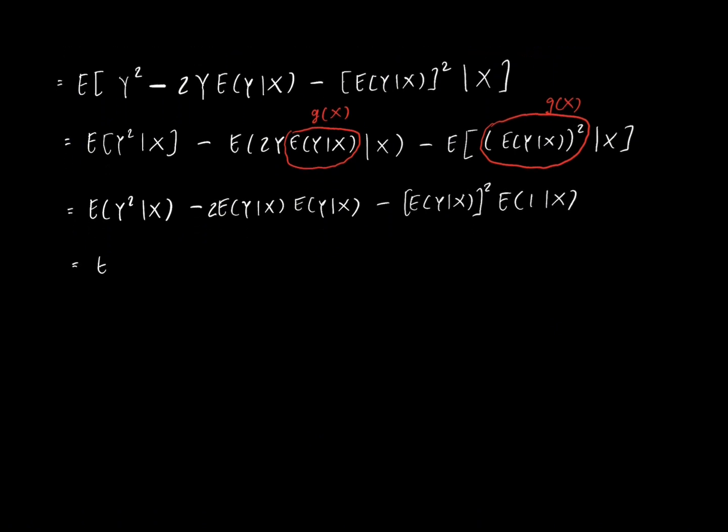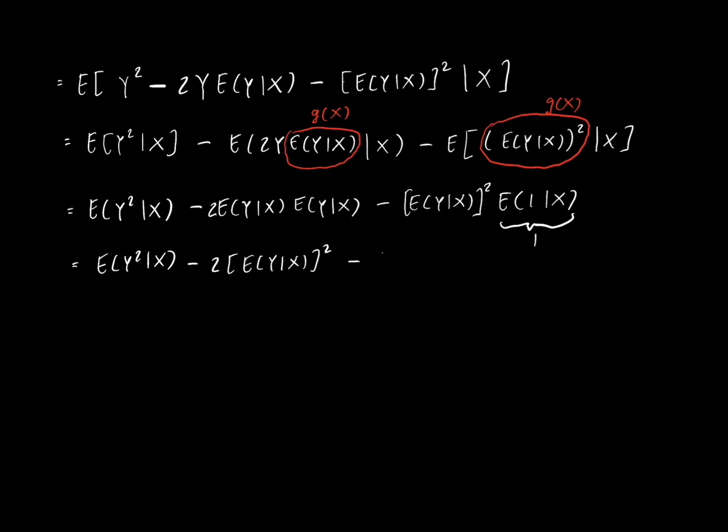Now we've got E of y squared given x minus 2 times, well, we've got 2 E of y given x here, so this is going to be E of y given x, whole squared. Remember, the expectation of a constant is just that constant, so 1 is just 1.